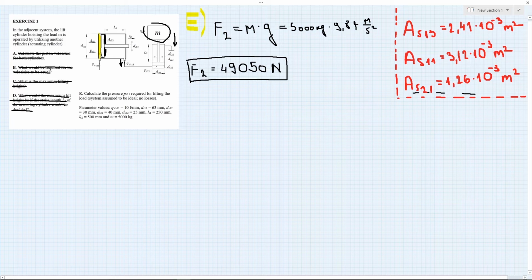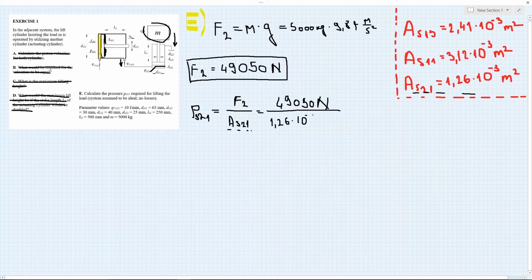Okay, so that's the force that this mass pushes down with. So the pressure that we're going to need here to counter this force is PS21, equal to this force F2 divided by the front piston area AS21. That's 49,050 newtons divided by AS21, which is 1.26 times 10 on the minus third meters squared.